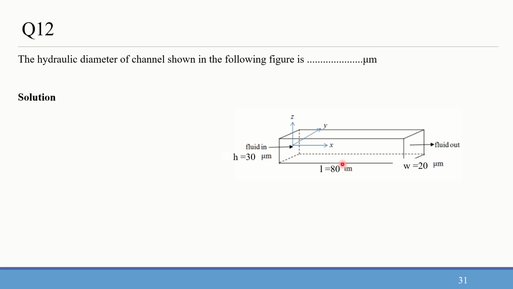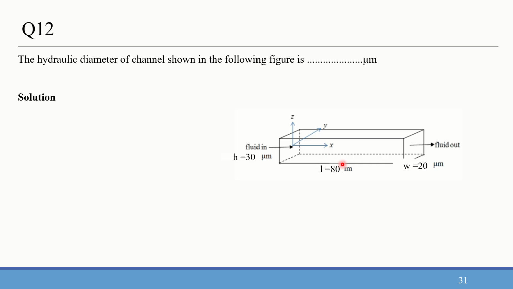Now we have to find the hydraulic diameter of the channel. Why are we going with the hydraulic diameter? Normally for pipe flow, we take the diameter of the pipe. But when the pipe does not have a circular cross section, we use the term hydraulic diameter.